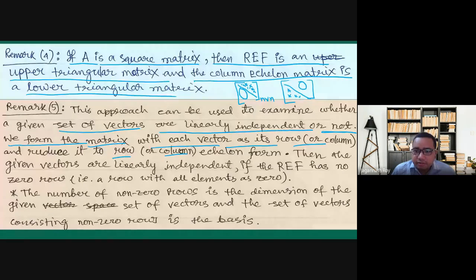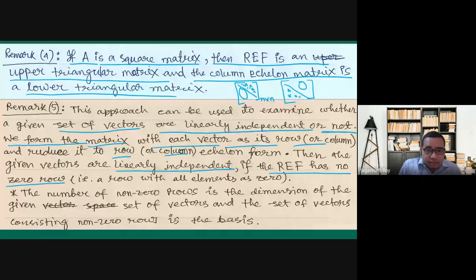zero rows there are. If the row echelon form has no zero row, then we call the vectors linearly independent. Otherwise, they are linearly dependent.